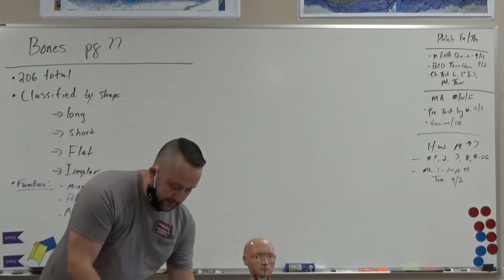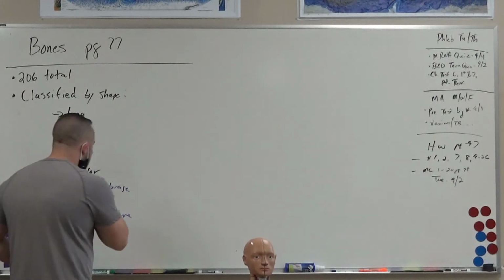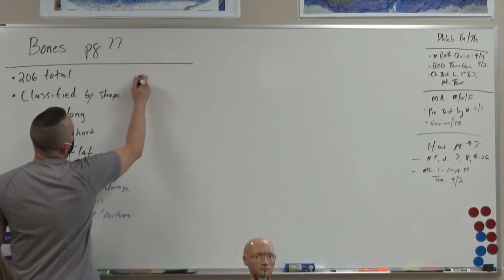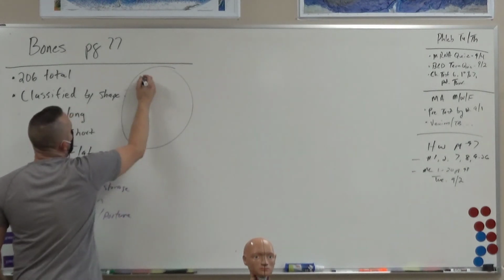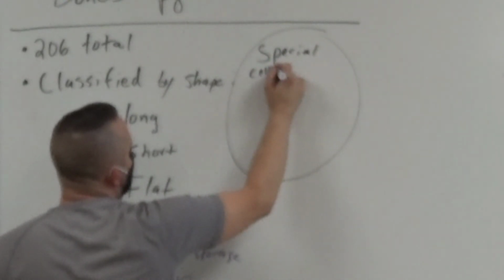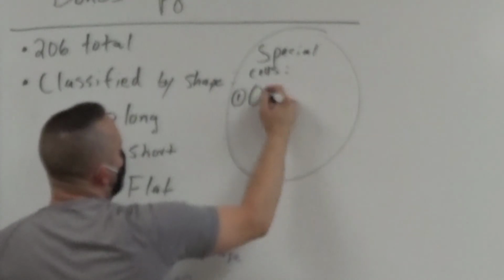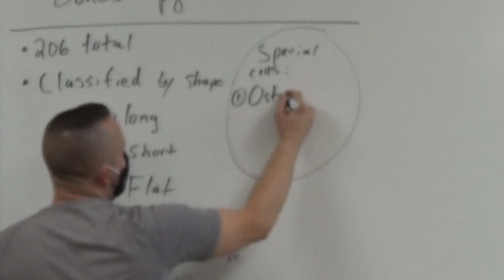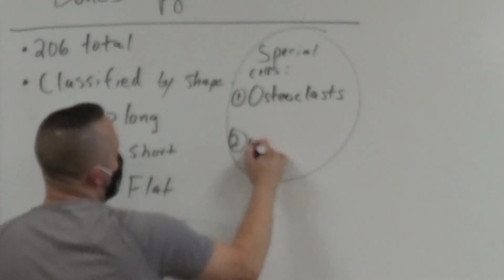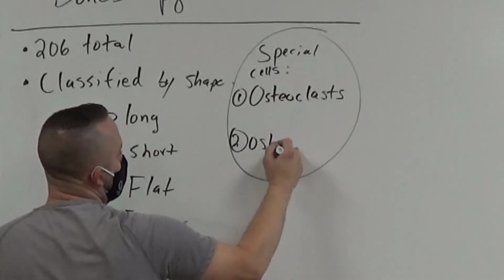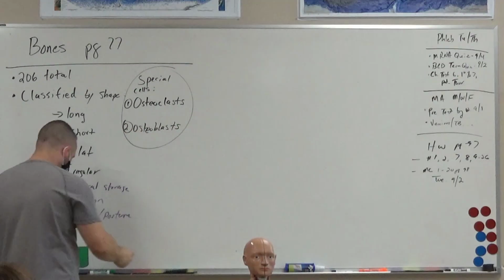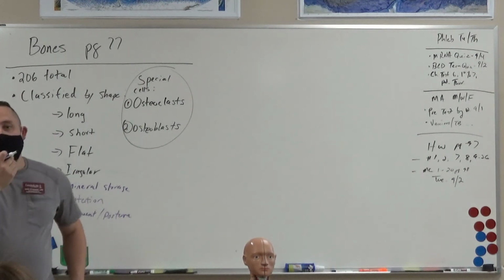And then the other couple things that we need to add to this before we're done with it is special cells. One is osteoclast. Two is osteoblast. How do you know the difference? These are bone cells.